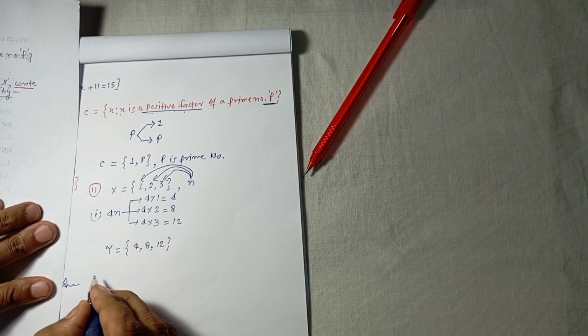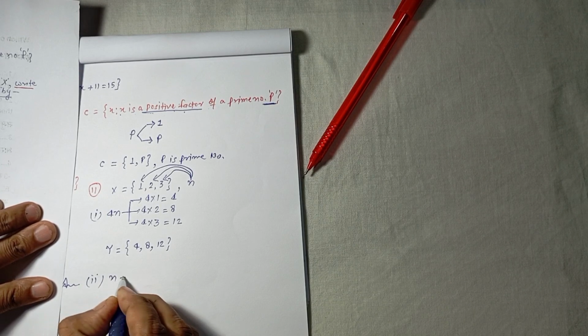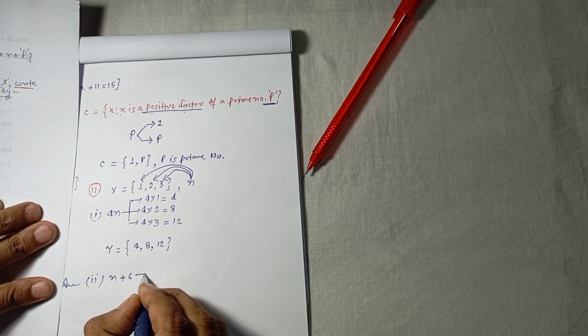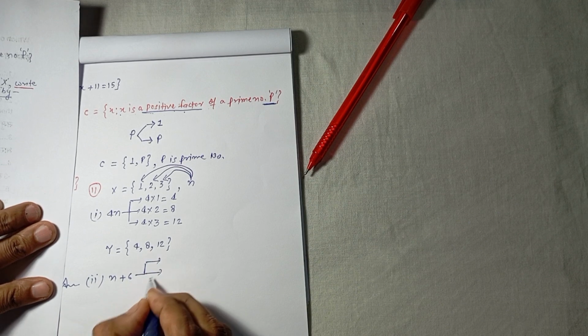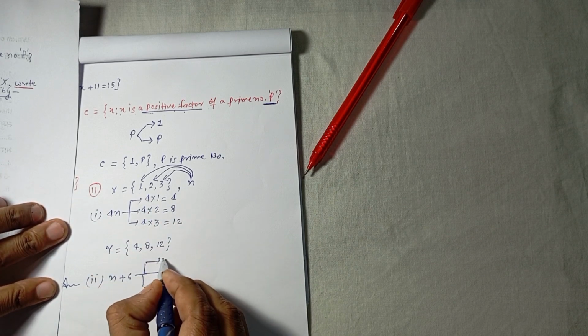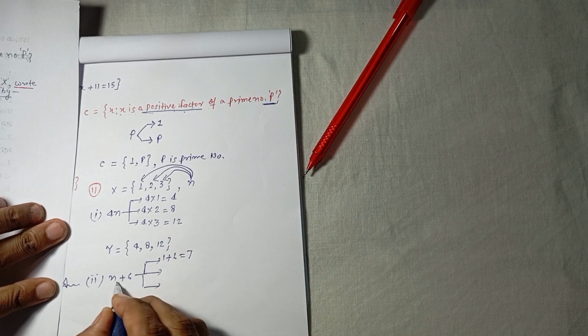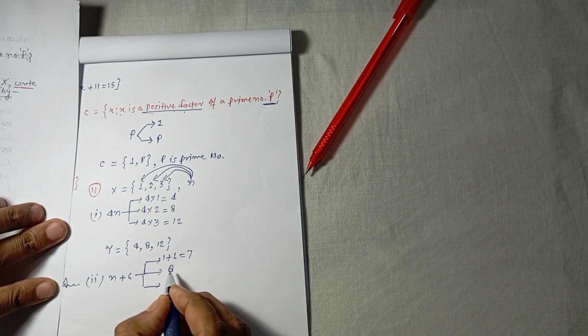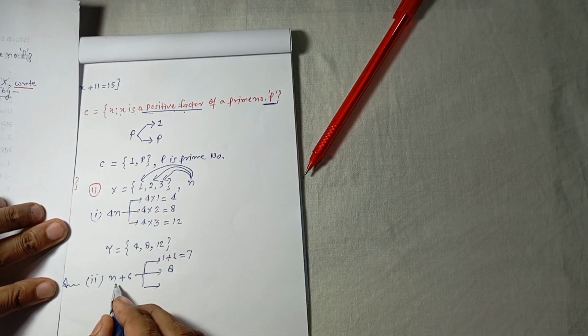Any doubt? Similarly, in the second part, n plus 6 will also have 3 values. For n equal to 1, this will be 1 plus 6 is equal to 7. For n equals 2, this will be 8. For n equals 3, this will be 9. So this set will be {7, 8, 9}.